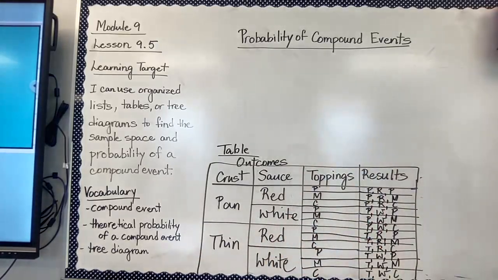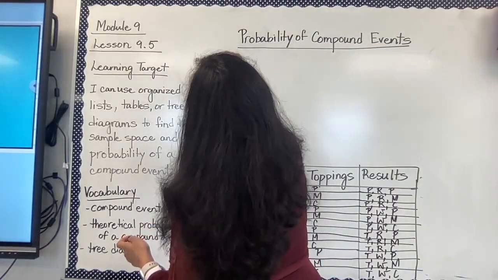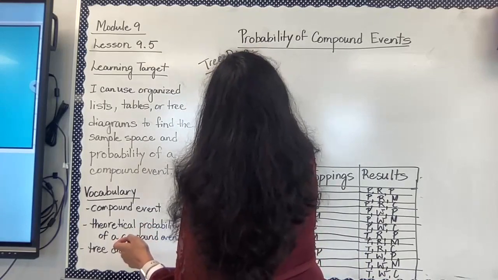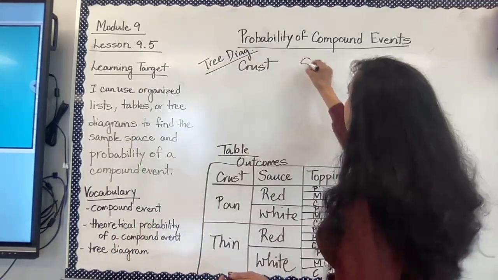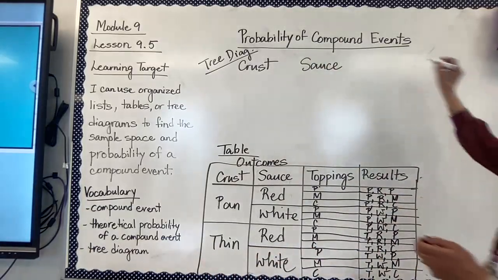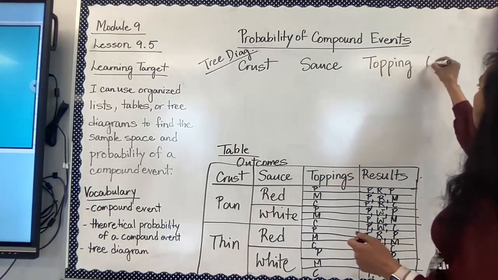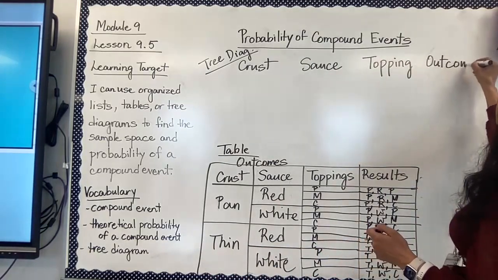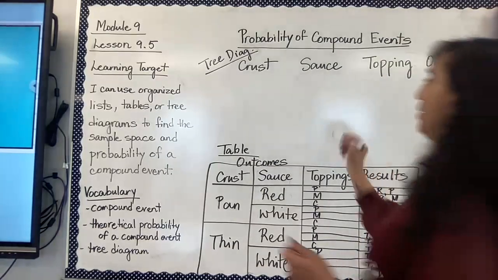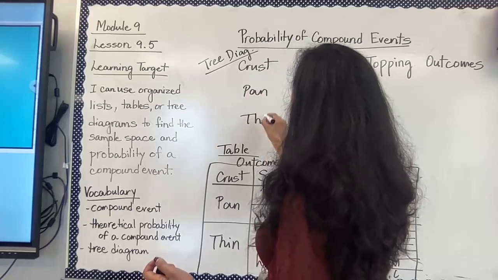All right, so I'm going to put crust. So this is my tree diagram. I'm going to have my crust. I'm going to have my sauce. Okay, I'm going to have the topping and outcomes. Okay, so for the crust, I have pan or I have thin.